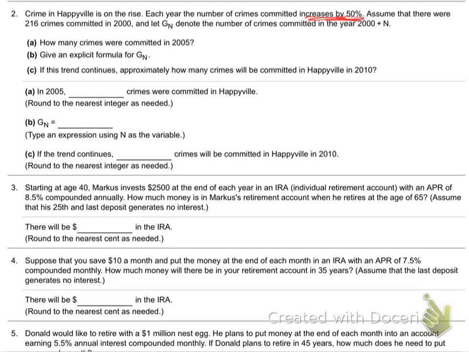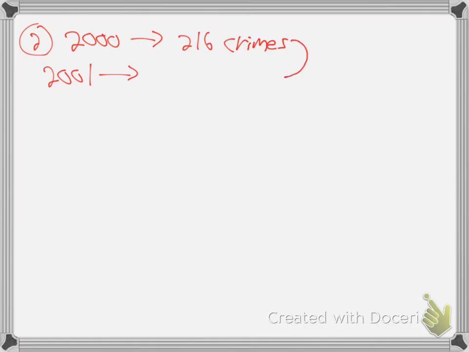It increases 50%. So we learned yesterday how to do percent increase and decrease. It's on the sideboard still. Remember the formula?